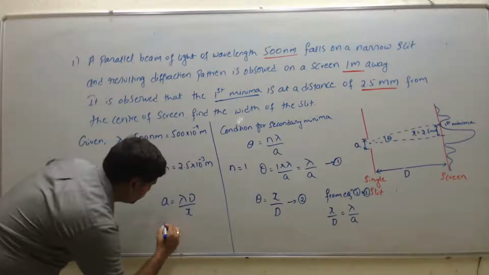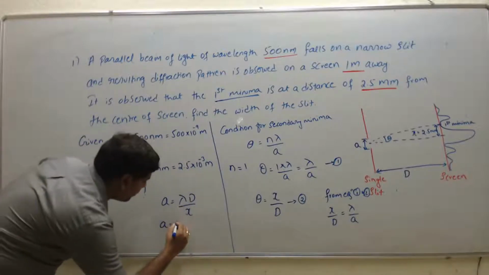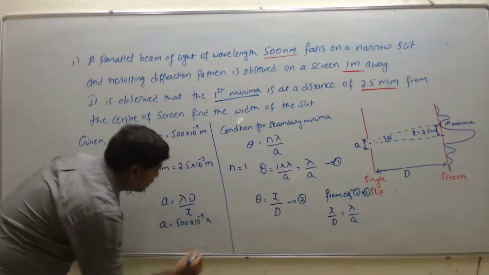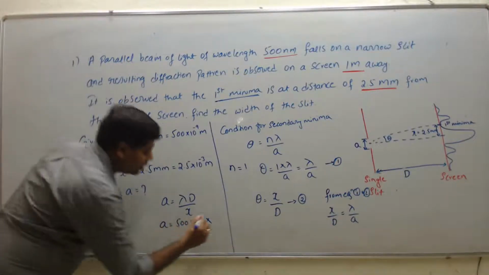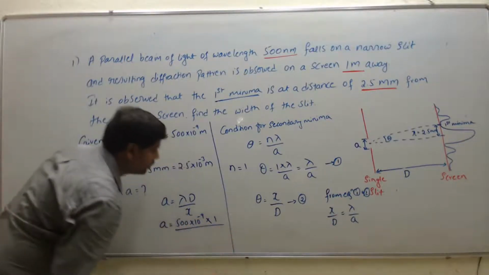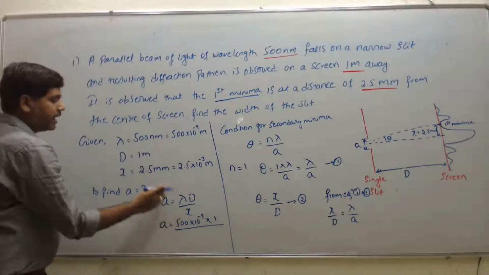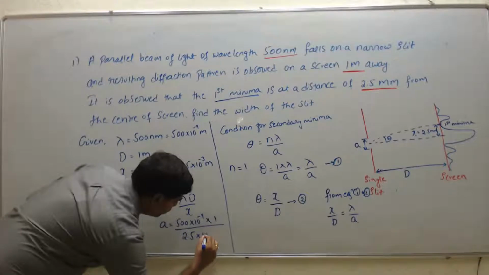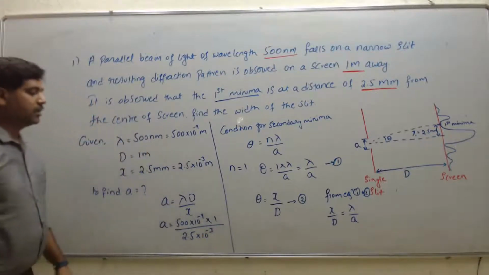So if we substitute here, A is equal to lambda, which is 500 into 10 to the power of minus 9, D, they gave 1 meter, into 1 divided by the x value, 2.5 into 10 to the power of minus 3.